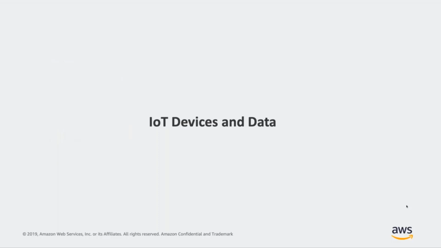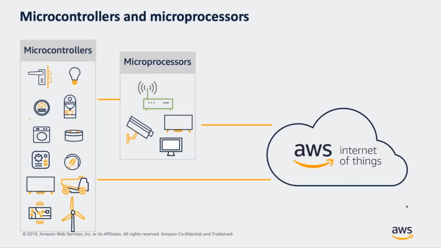So let's start with the first section of our webinar, IoT devices and the data generated by IoT devices. IoT devices are powered by embedded processors. These processors are called microcontrollers or microprocessors.